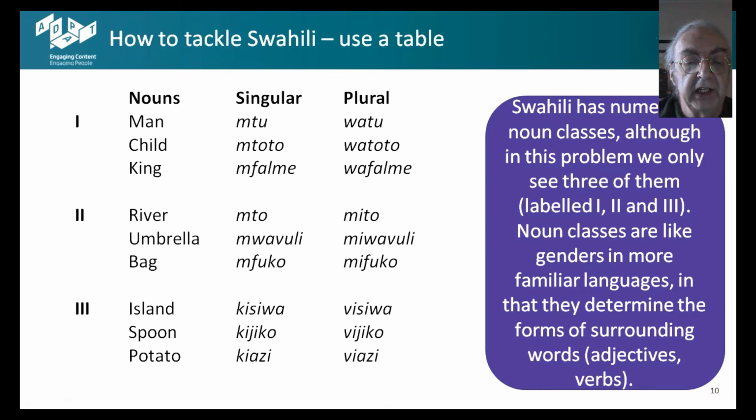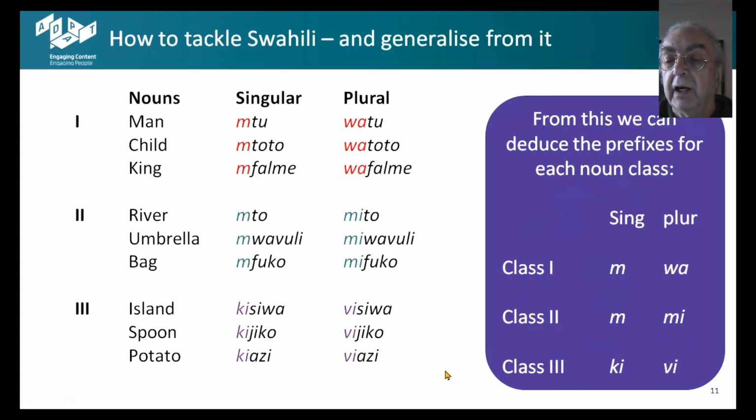And then there's a third class, island, spoon and potato, which have ki for singular and vi for plural. So we can summarize that in this table here on the right, just taking away the stems, tu, toto, falme, and so on, and just list the prefixes for each noun class.